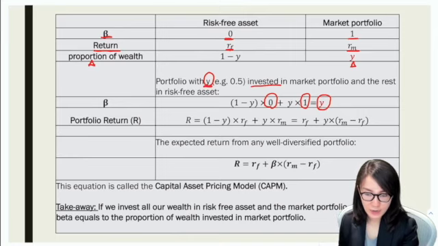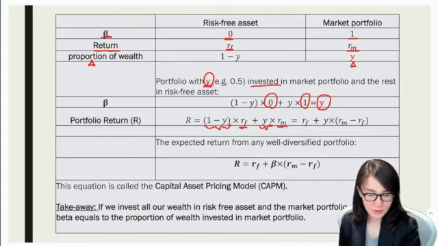And then if we want to calculate our portfolio return, our return is simply the weighted average between the two returns in our portfolio. The two assets in our portfolio are the risk-free asset and the market portfolio. Their weights are 1 minus Y and Y respectively. So we rearrange terms, put this RF out and put this minus sign inside the bracket.